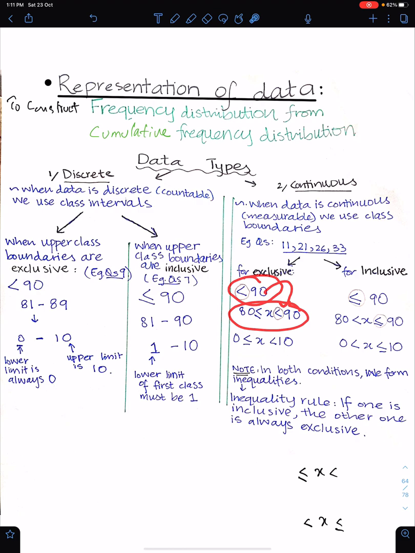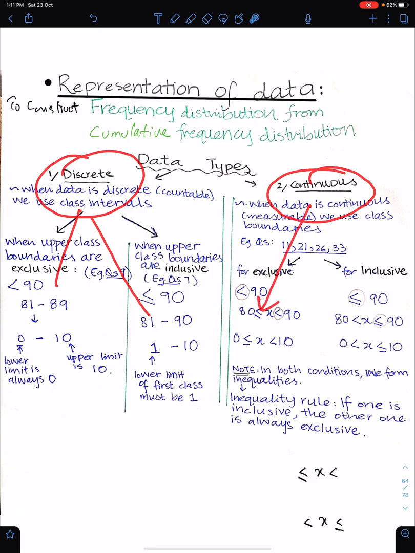Just copy this here and make this inclusive. Just copy this here and make this exclusive. With class intervals, when this is exclusive, the first value is always 0. And when this is inclusive, the first value is always 1. So when data is discrete, always go for class intervals. When data is continuous, always go for class boundaries like this and this.